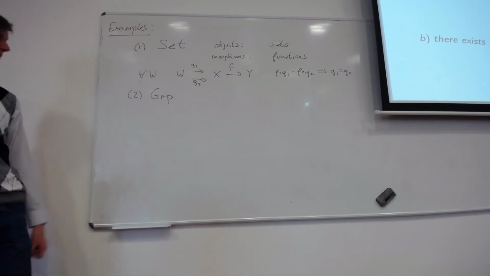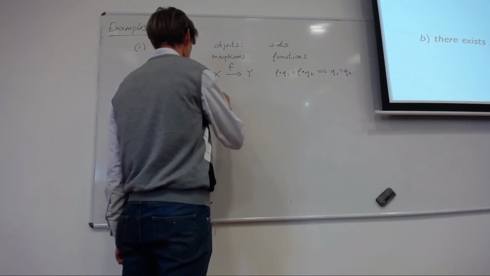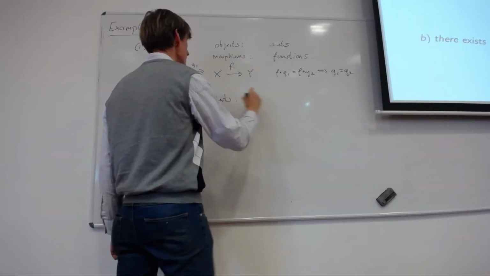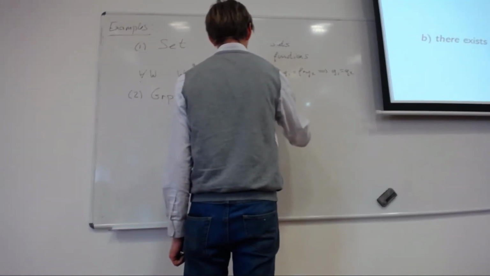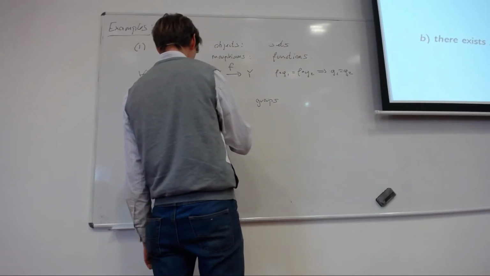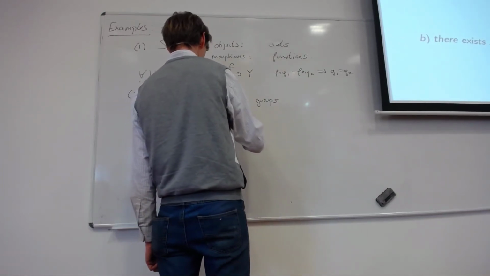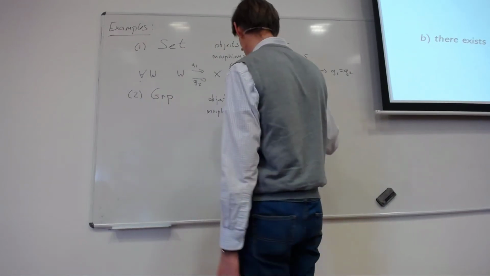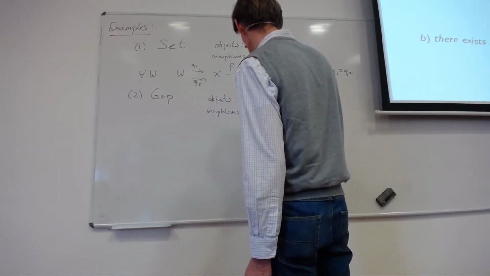So, the category GRP, whose objects are groups and morphisms are actually group homomorphisms.